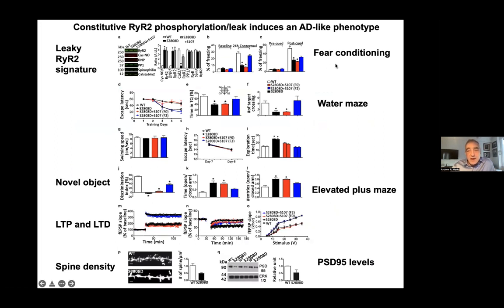And they had the same abnormalities that I just described to you in the Alzheimer's mice: abnormal fear conditioning, performance on the water maze, novel object recognition, the elevated plus maze, and even defective LTP and LTD. What this shows is that merely by introducing a leak into the ryanodine receptor calcium release channel in the brain, you can reproduce many of the features of Alzheimer's disease in these mice.